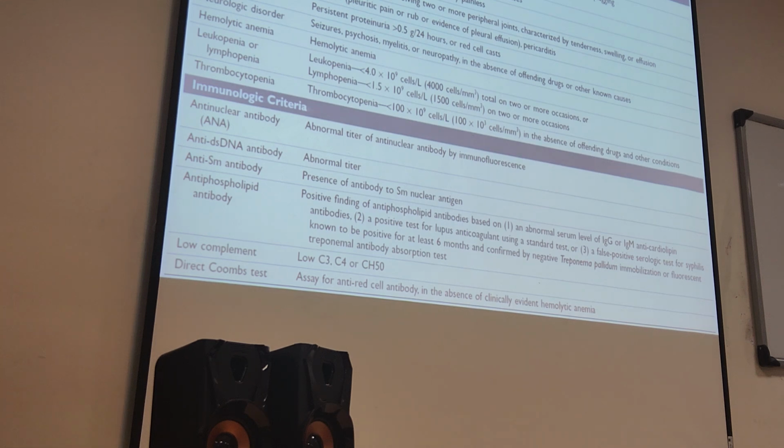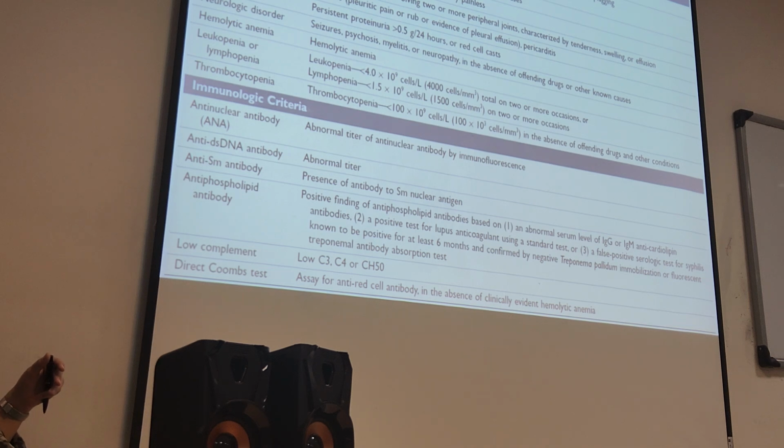For SLE, we have some diagnostic criteria. In this table, you see some criteria. Some of them are clinical criteria, and some of them are immunology. Some criteria are related to the patient's symptoms, and some of them are laboratory data.